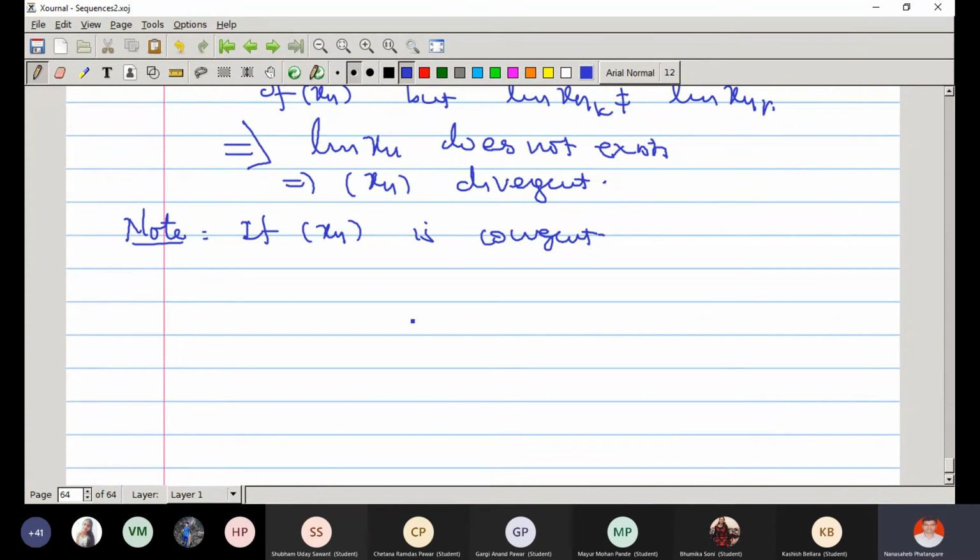Then if you check 10 or 100 subsequences, every time the limit is the same, but that is not sufficient to say that the sequence is convergent, because there are many subsequences yet to be checked. But if you identify at least two subsequences having different limits, or one subsequence which is divergent, then we can immediately tell that the sequence is divergent. So for convergence, the subsequence criterion is not useful.